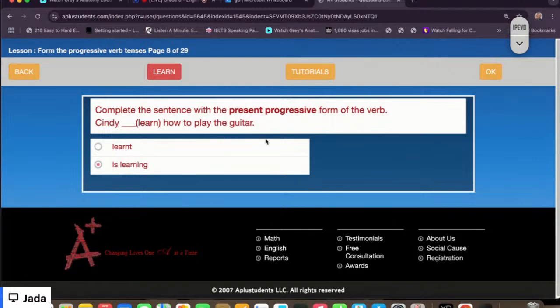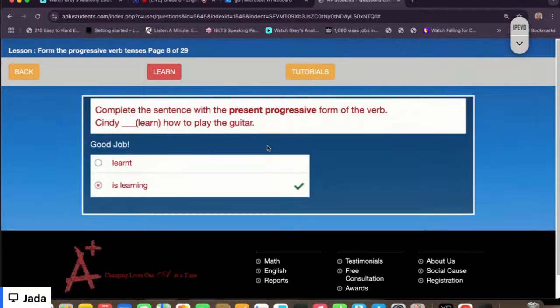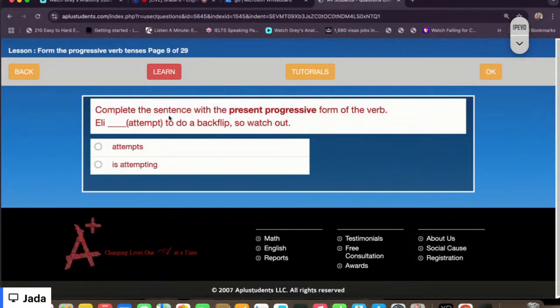Alright, so is learning how to play the guitar. Okay.